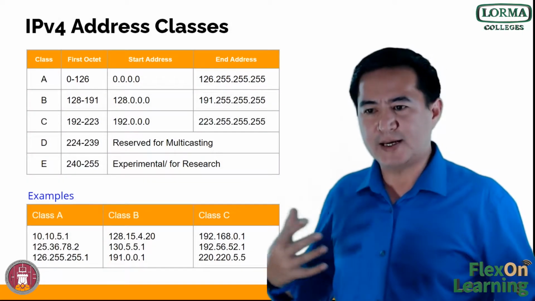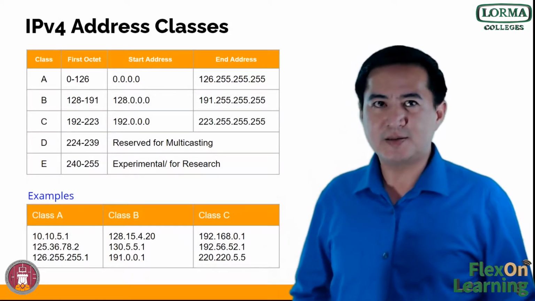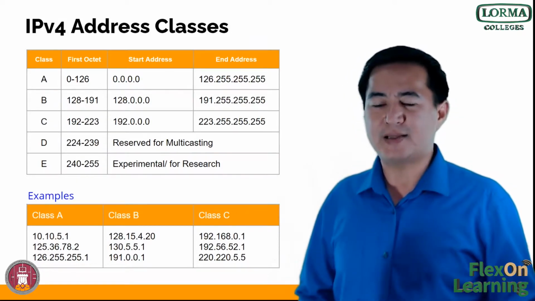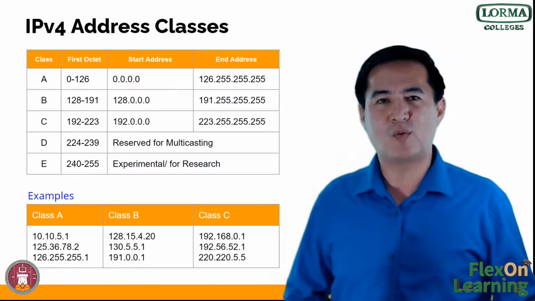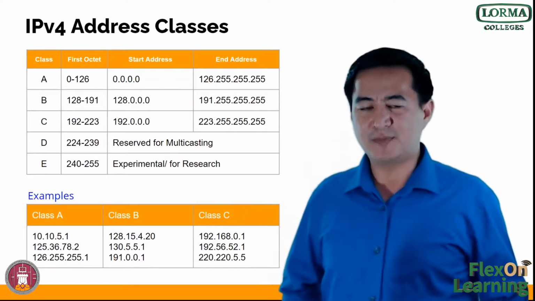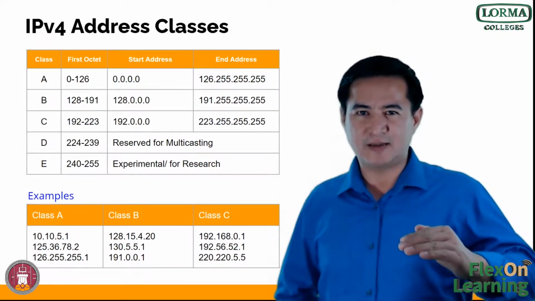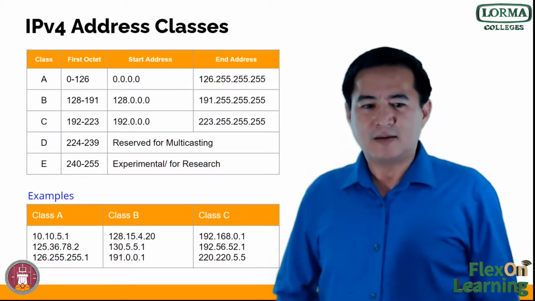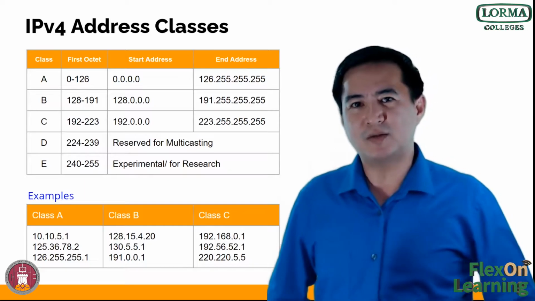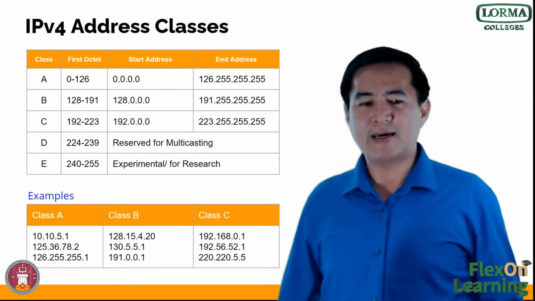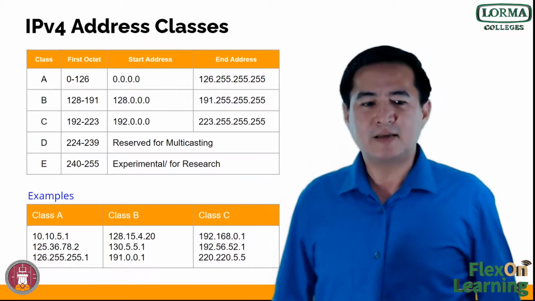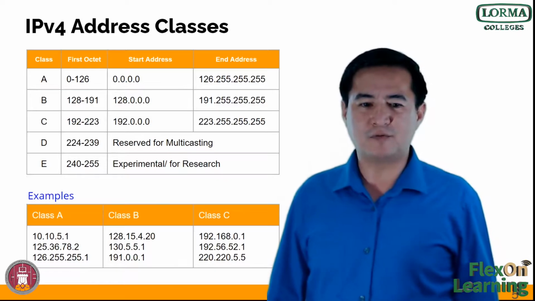Looking at it, if it's class A, the start address is 0.0.0.0, and the maximum IP address that you could assign in class A is 126.255.255.255. Similarly, if you look at the higher class, class C, the lowest IP address is 192.0.0.0, and the highest IP address is 255.255.255.255.